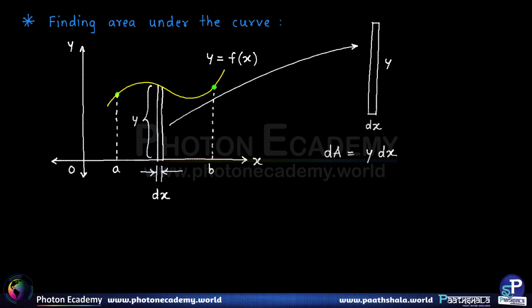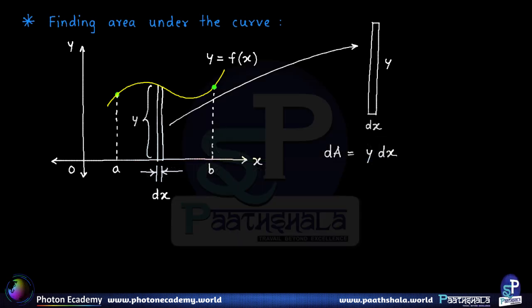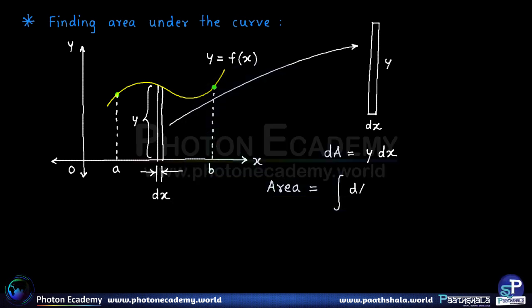That means we cannot use the summation process, but we have to use the integration process because it's a continuous addition. So the area is given by the integration of the small areas, and the integration is to be done between the limits a and b, because we want to find the area only between these limits.